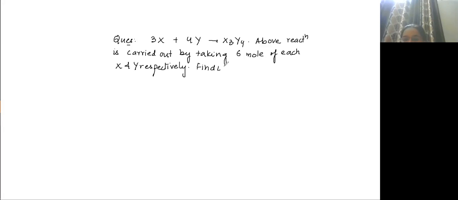Find the limiting reagent, moles of X3Y4 formed. Please write the question first, Shobit.